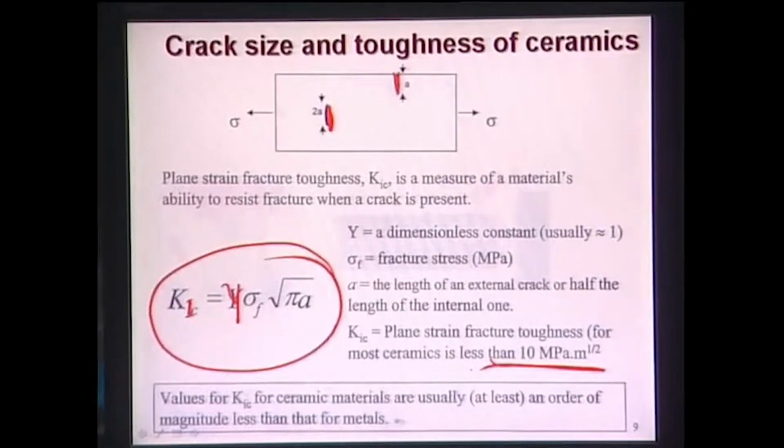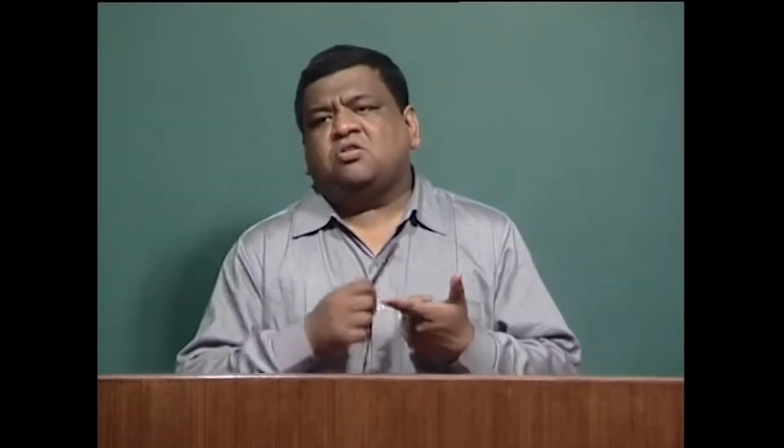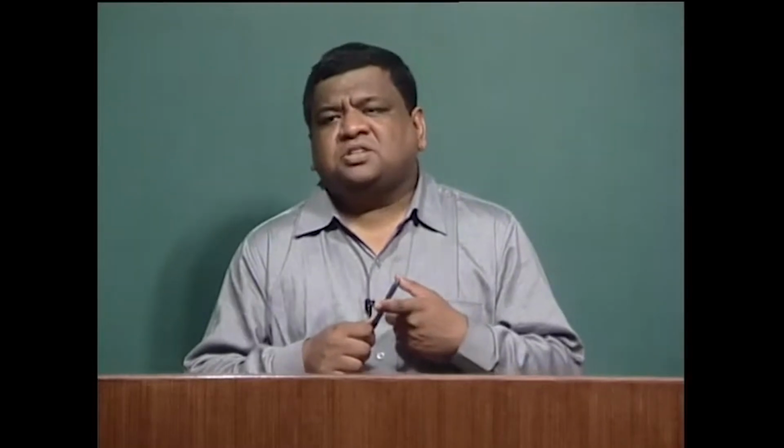If your strength is fixed, and strength is nothing but maximum load divided by the cross sectional area, and your cross sectional area of the specimen is fixed, then you can find out what is the maximum load the material can bear without fracture.